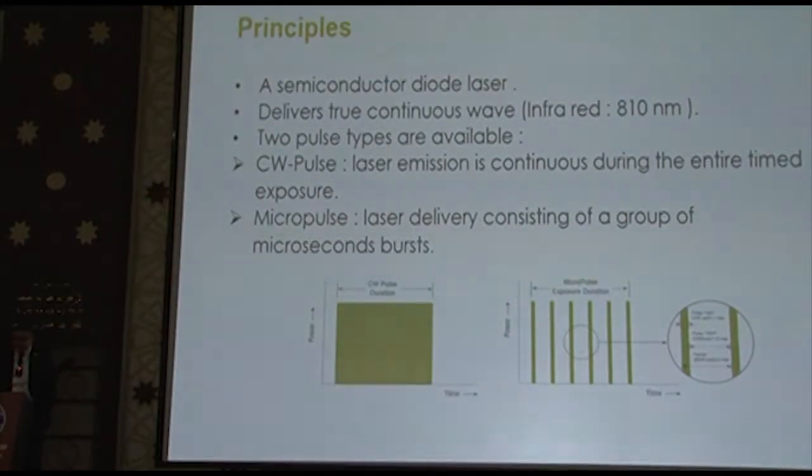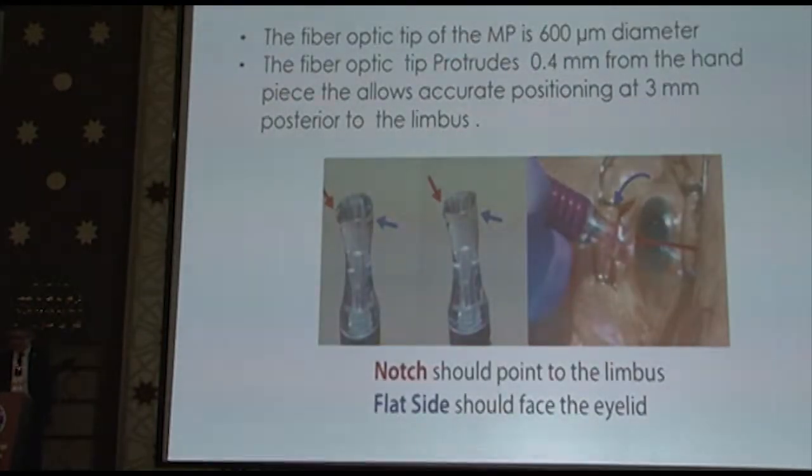In continuous wave pulse, laser emission is continuous during the entire fired exposure. In micropulse, laser delivery consists of groups of microsecond bursts. The fiber optic tip of the micropulse is 600 micrometers in diameter.